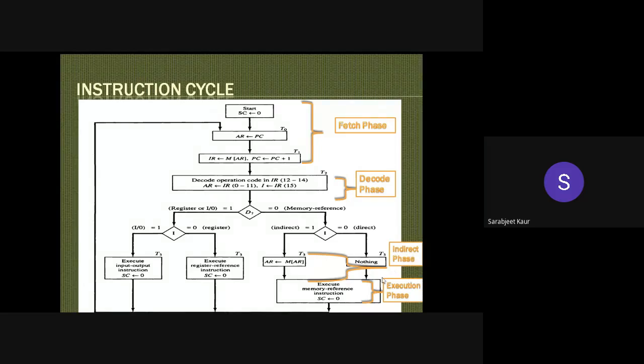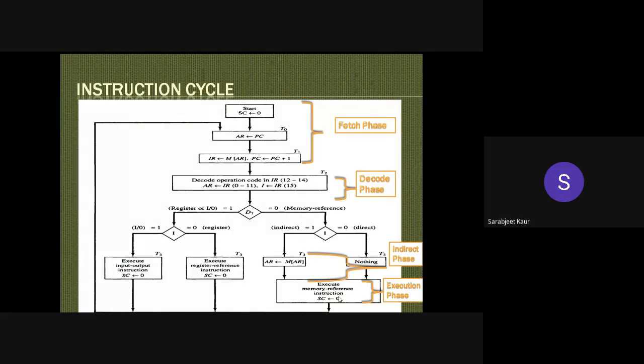So in time signal T4, whether it was a direct memory reference instruction or an indirect memory reference instruction, we proceed towards execution of the memory reference instruction. Is this clear? Now, how these instructions are actually executed, we will see in the next class.